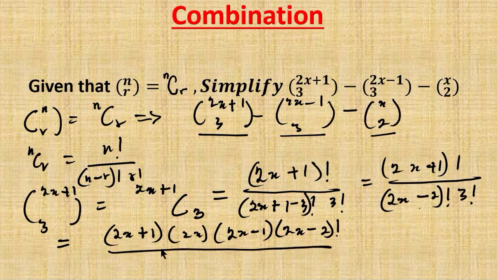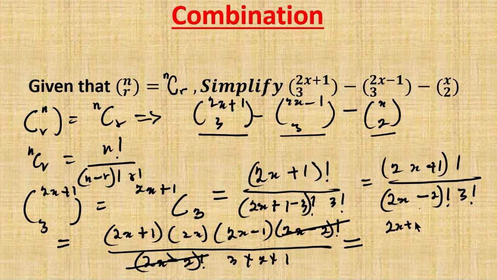So over (2x minus 2) factorial, and 3 factorial is 3 times 2 times 1, which is actually 6. So I can easily rewrite this as (2x minus 2) factorial cancels (2x minus 2) factorial. So I'll be left with (2x+1) into 2x into (2x minus 1) all over 6.